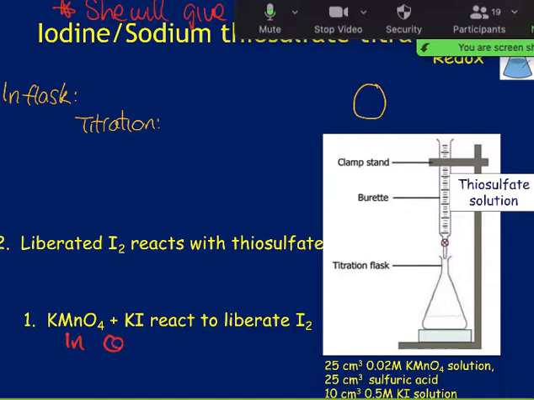So this would go into your conical flask, and the 2 of these together would react and you would liberate iodine. And then the second thing you would do is you would titrate what's in your flask with your thiosulfate. So these are what are called indirect methods to make your iodine.